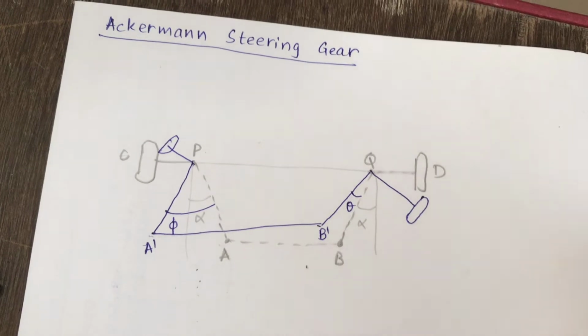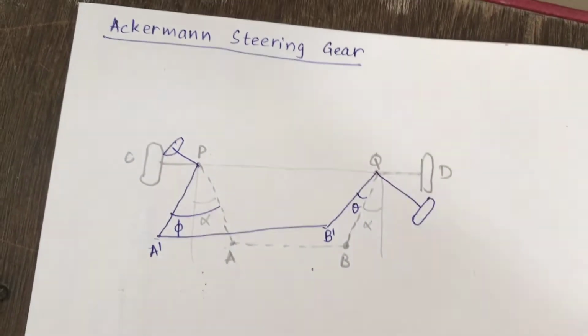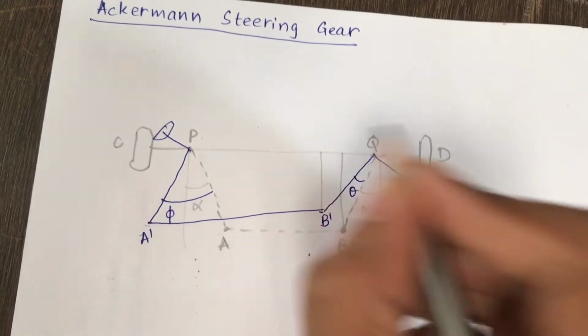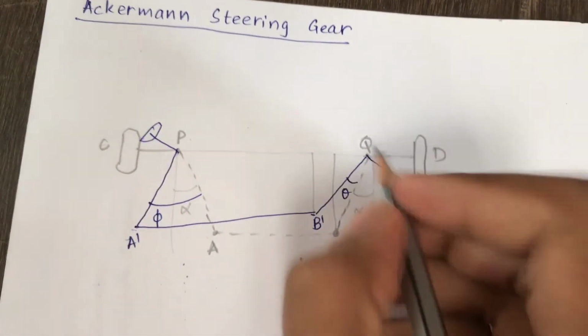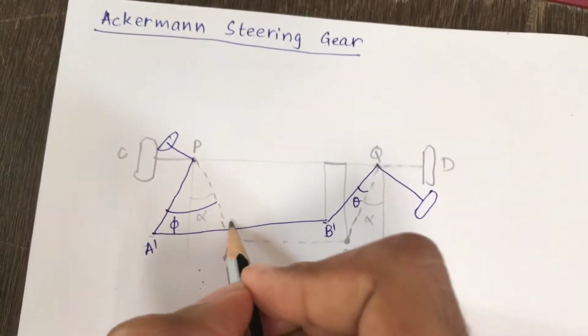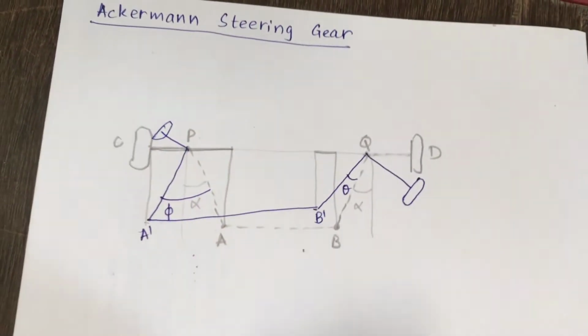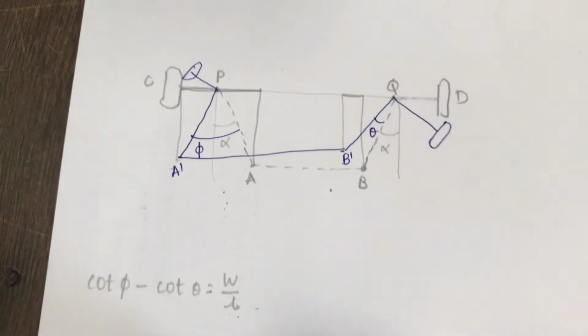Now when we project, when we shift from B to B dash, the shifting is this one. Likewise from A to A dash, here it is shifting, so that projection will be the same.